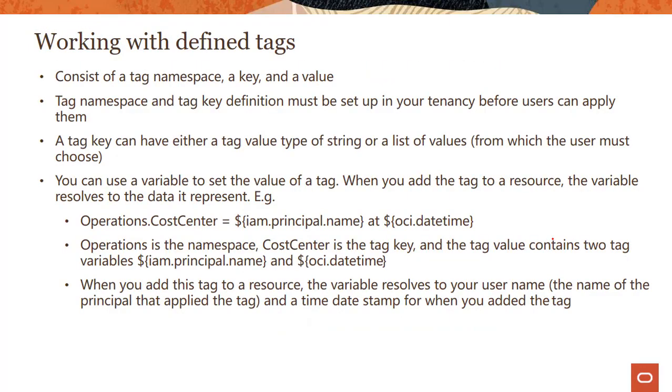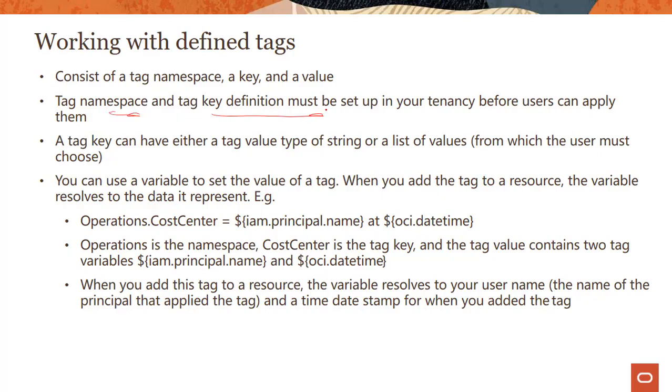So let's see how you work with these defined tags. As we saw earlier, defined tags consist of a tag namespace, a key, and a value. We just saw this in the previous two slides. The tag namespace and the tag key definition must be set up in your tenancy by someone.